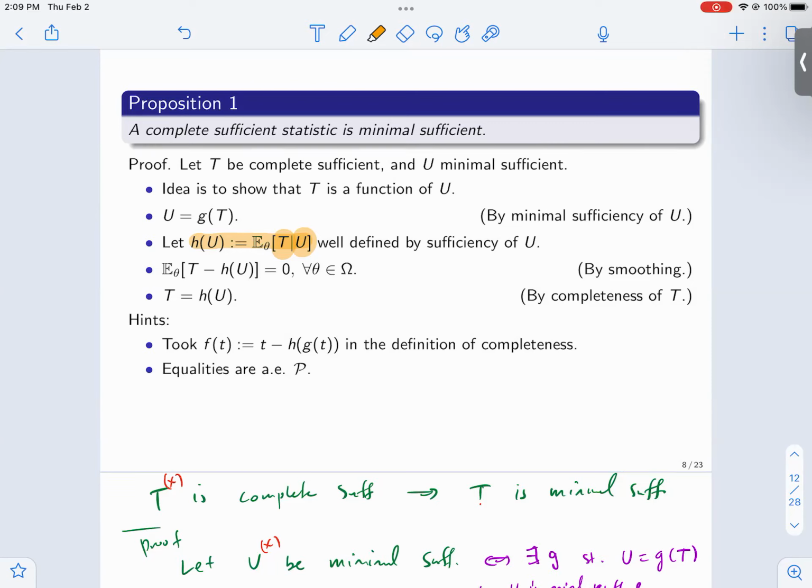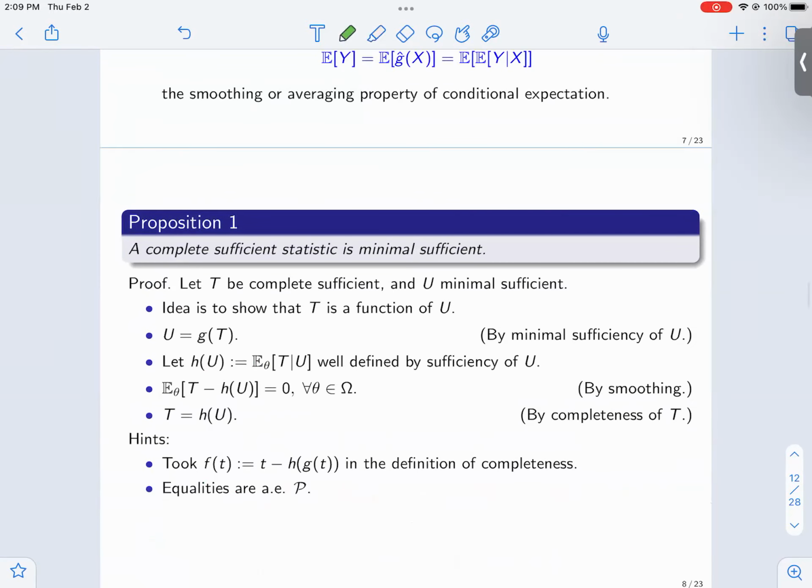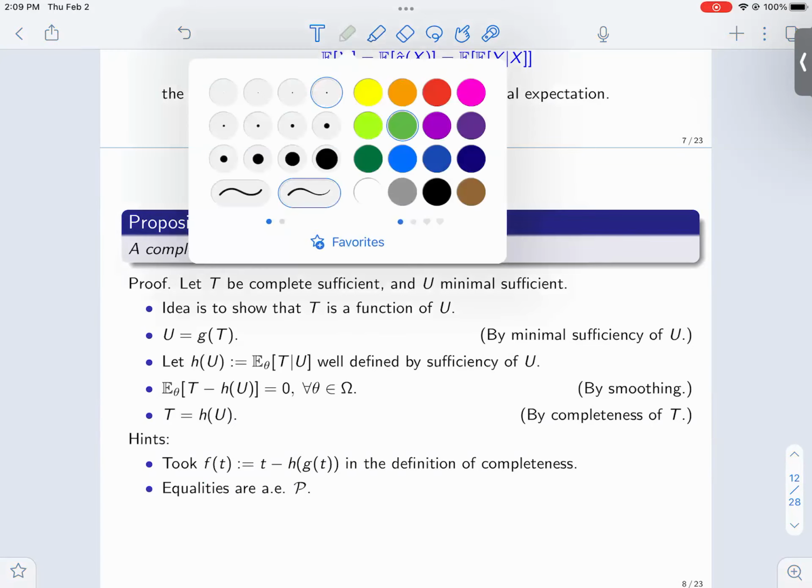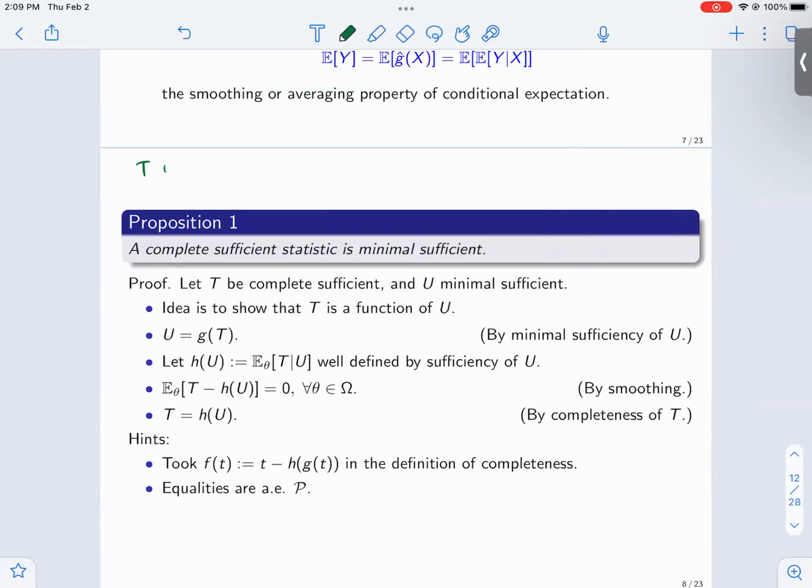Because u is minimally sufficient and t is a function of minimal sufficient statistics. No, I'm not assuming that t is a function of minimal sufficient statistics. So the question here is, t is any statistic. T is any statistic, and u is a sufficient statistic.